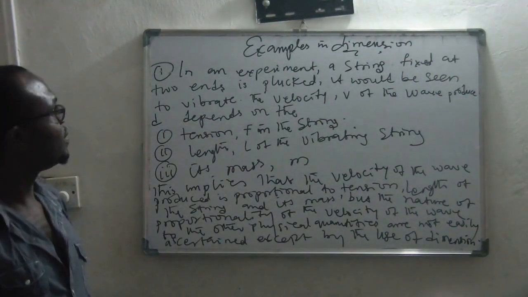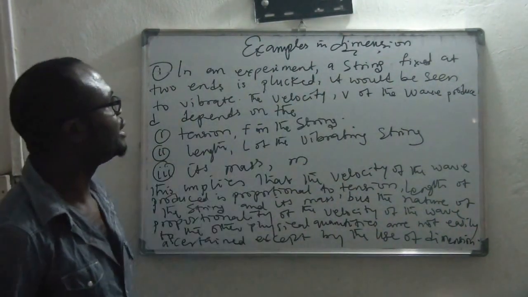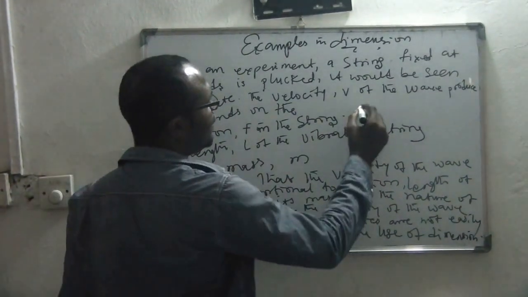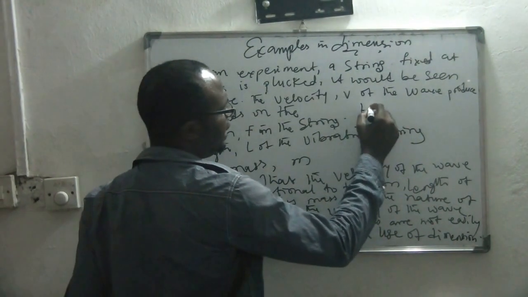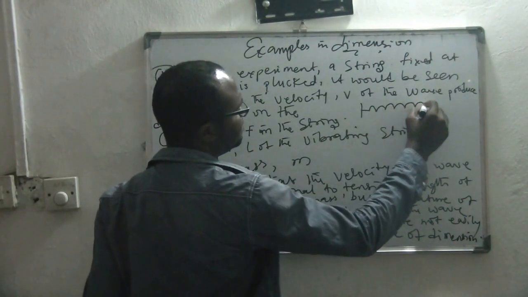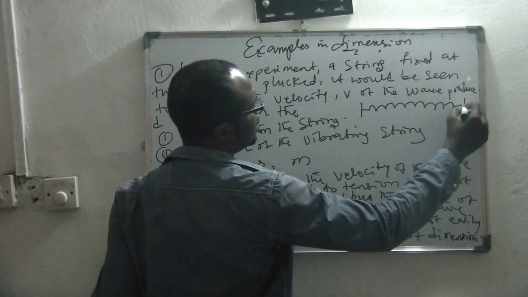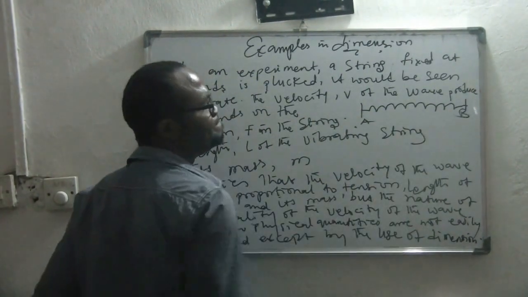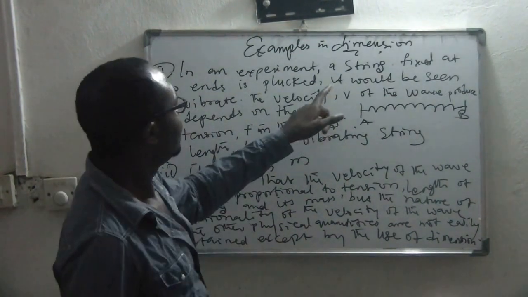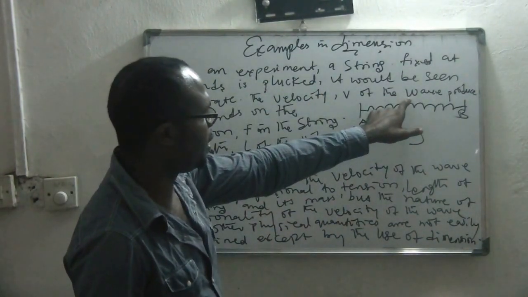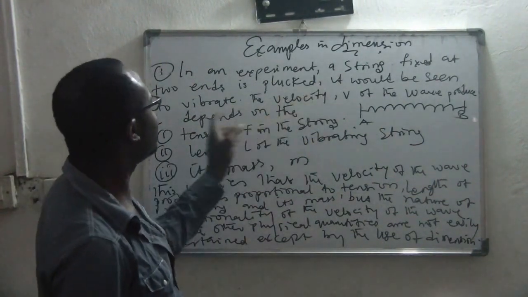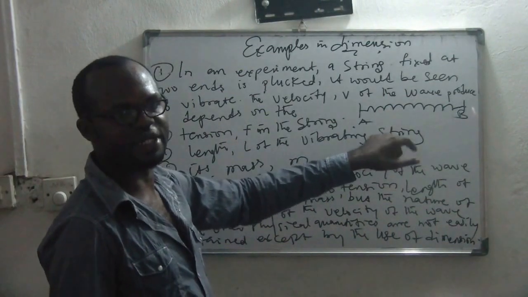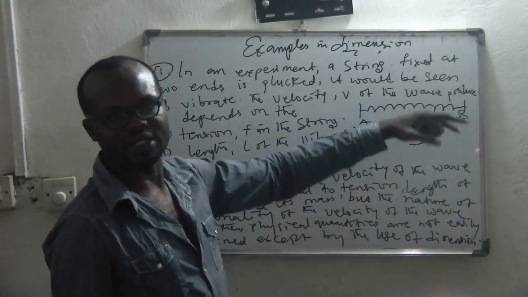So let me explain this question. In an experiment, a string fixed at two ends. So when we have a string that is fixed at two ends, this is the string and it's fixed at two ends, A and B. It's plucked. You go and pluck this string here. It will be seen to vibrate. Once you pluck this string, the string will start vibrating, isn't it?